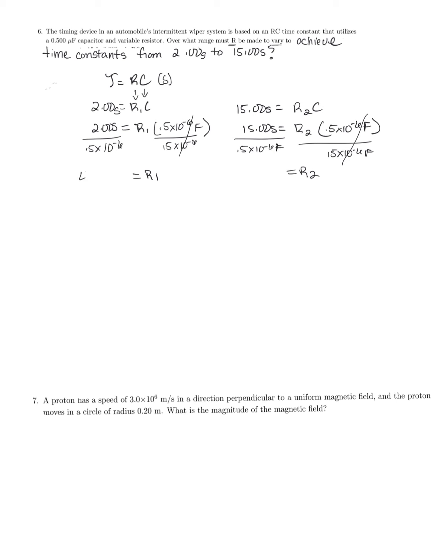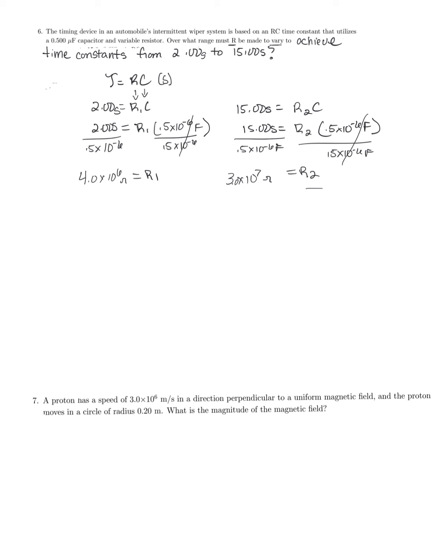So this one is 4 times 10 to the 6 ohms. If I counted those zeros, 1, 2, 3. Yep. Okay. And then for this one over here, R2, we get 3.0 times 10 to the 7 ohms.